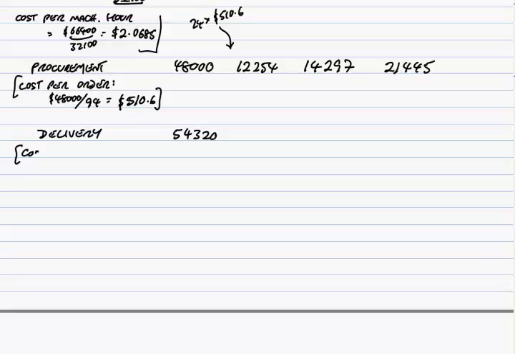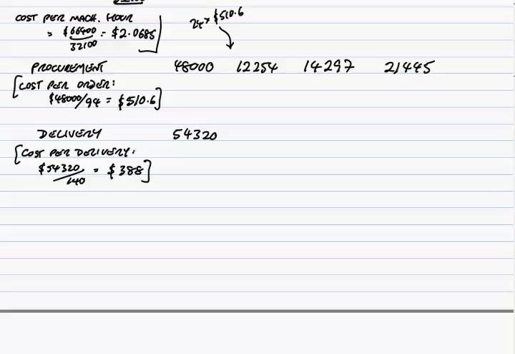So the cost per delivery is $54,320. How many deliveries are there? 48 for A, 30 for B, 62 for C, a total of 140. So the cost per delivery, $388.